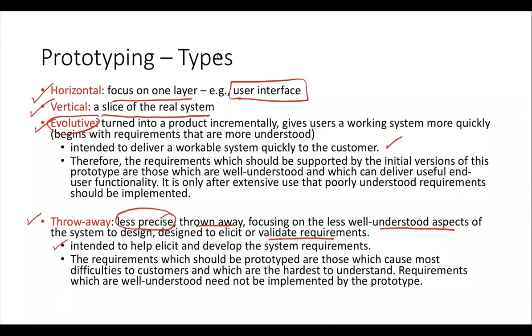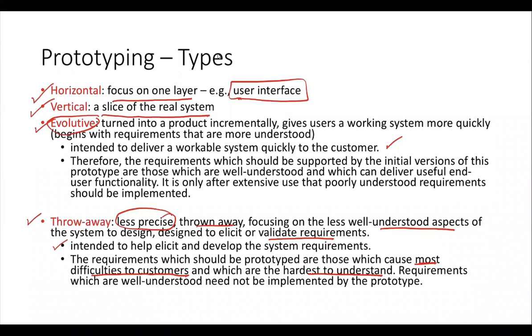And the requirements that should be prototyped are those which cause the most difficulty to the customers and which are in fact the hardest to understand. So at this point, it's a little bit different from the evolutive. For the evolutive prototype, we understand the requirements and they are more easily understandable, so we build a prototype that can be easily and incrementally updated.